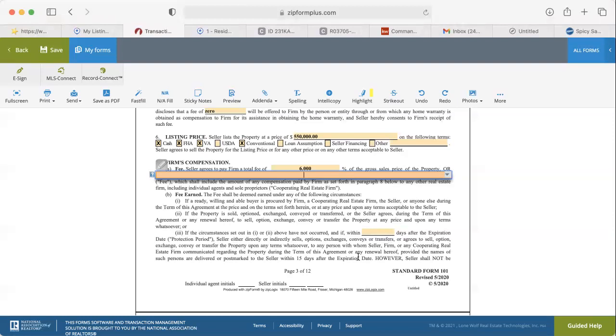Sometimes it says, let's say I offer my seller that I'm going to list it for 6%. And if another agent sells the property, I get 3%, they get 3%. If a buyer comes along and they use me to write the offer, then perhaps I would offer you a 5% rate. So this is where I could write that out.